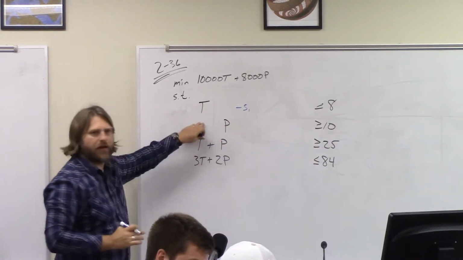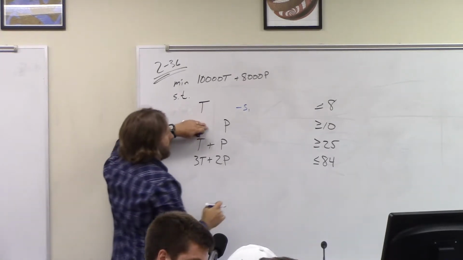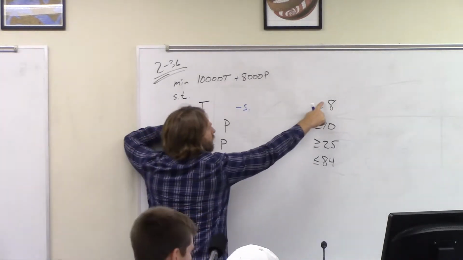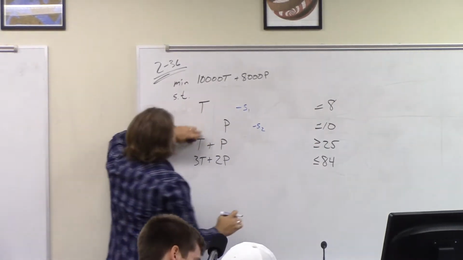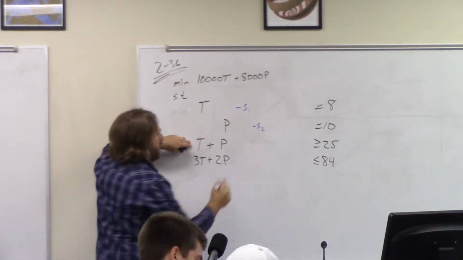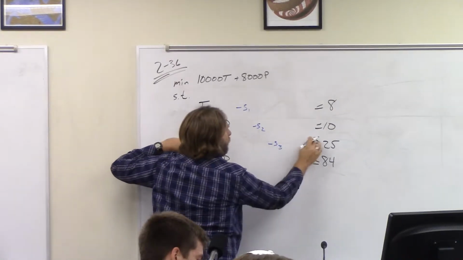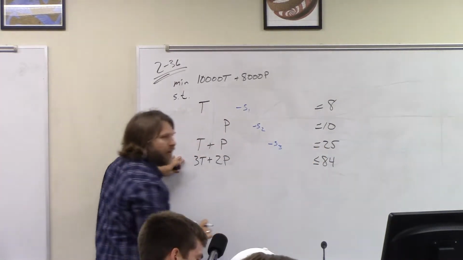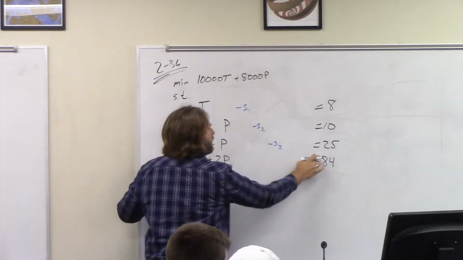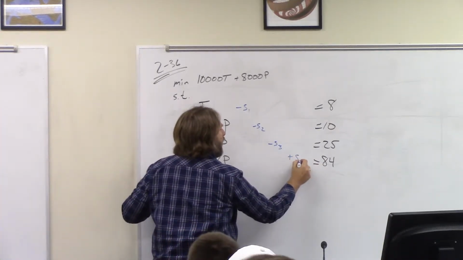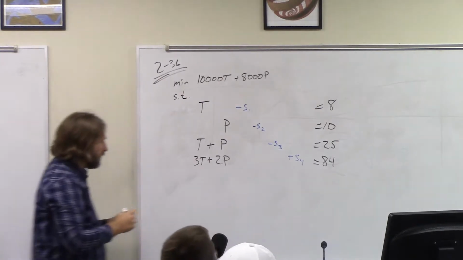How about the next one? Same thing. It's a greater than or equal, right? So we subtract our second surplus variable. Our third one? Same thing. And our fourth one is now a slack variable, right? Because we have a less than or equal to. So we're going to add that.